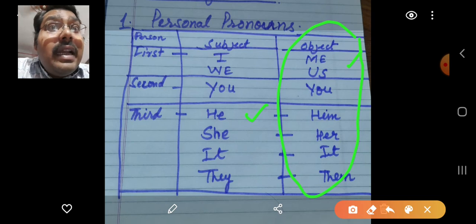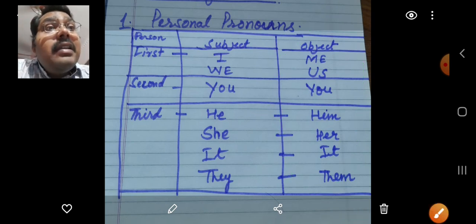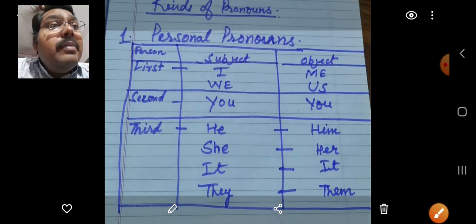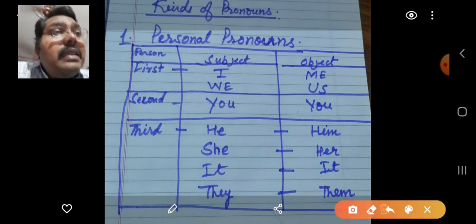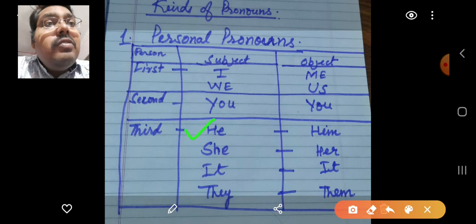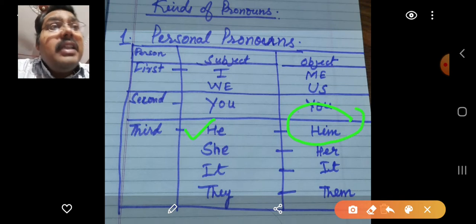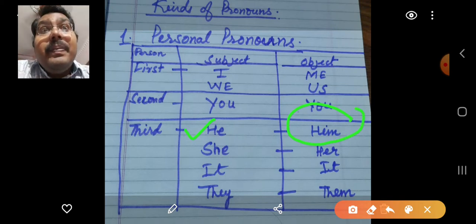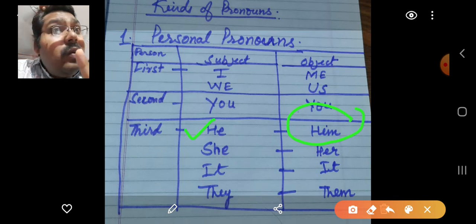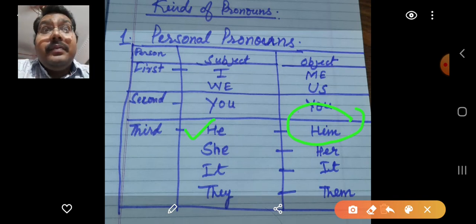And Ram is placed at the place of object. For object, we will use him rather than he. We will not use he for Ram, because Ram is now at the object. If it is placed at the place of object, then we will use him. Are you understanding? This is what you need to keep in mind.